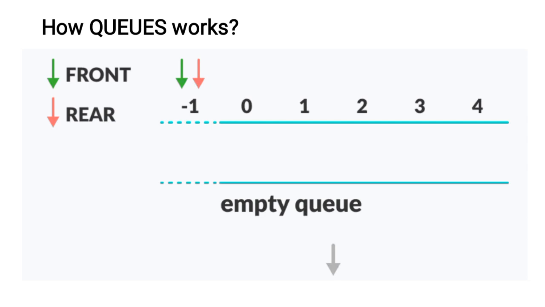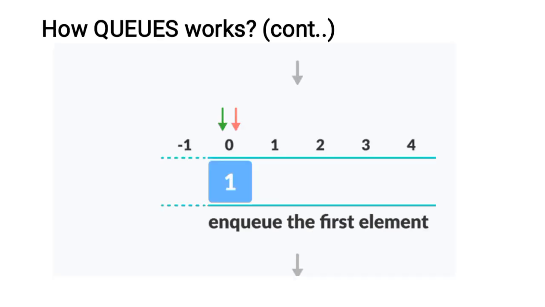Just to know that the green part will be representing front, and the red part will be representing rear. Then moving on, if we add the first element into the queue, it means that the value of front and the value of rear will be incremented by 1.